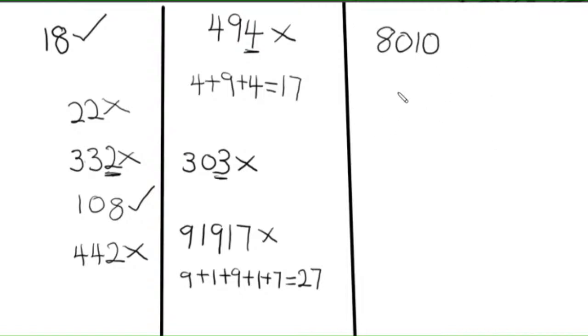Let's add all the digits and see. 8 plus 0 plus 1 plus 0. What will be the answer? 8 plus 0 is 8. 8 plus 1 is 9. 9 plus 0 is 9.